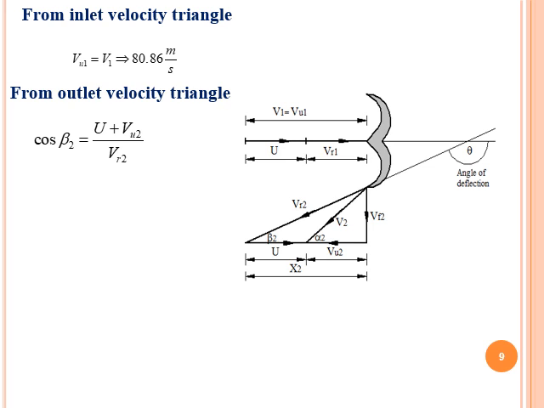So in this expression, we know the value of beta 2, we know the value of VR2, and u. The only one unknown parameter is VU2, tangential velocity at exit. So now this tangential velocity at exit is equals to 6.57 meter per second.